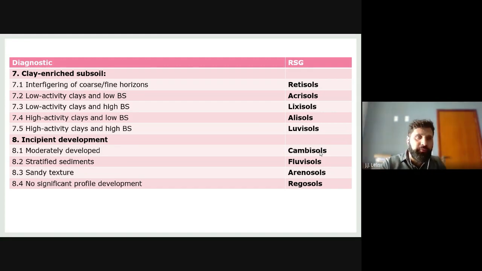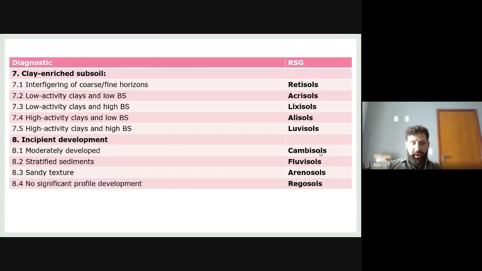We also have some soils that possess as a specific property a clay-enriched subsoil that possesses a very high clay content, even higher than the surface or the overlying horizons. Okay, and those are in this seventh group.